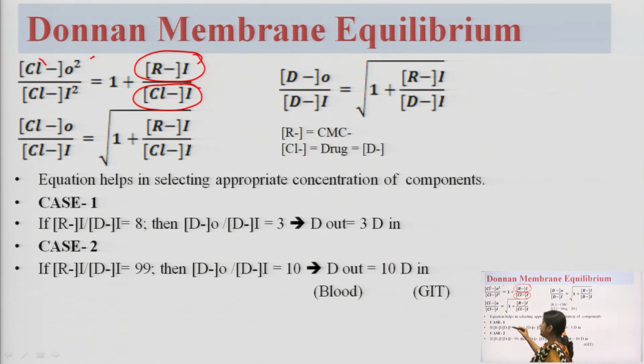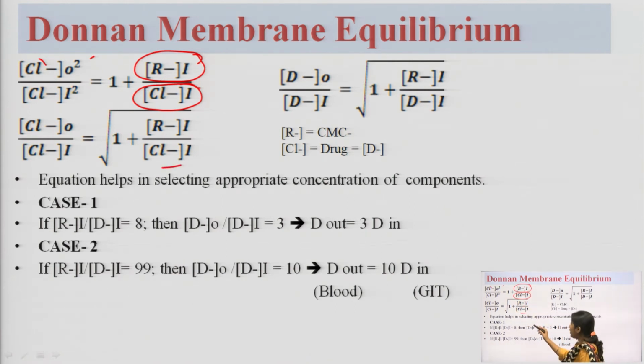Again, if we take the square root of this, we get the concentration of chloride outside divided by the concentration of chloride inside equal to the square root of this.